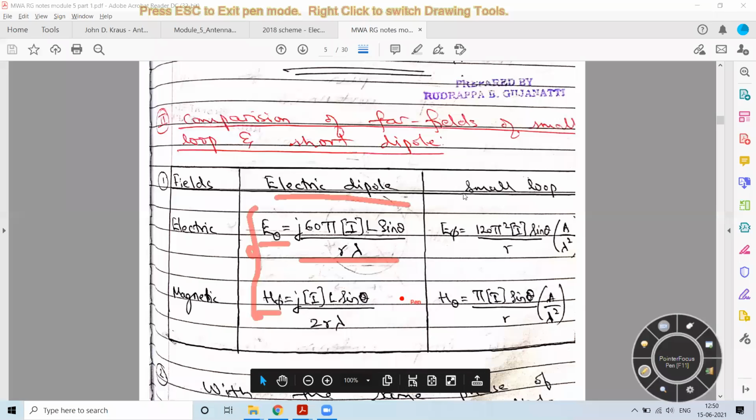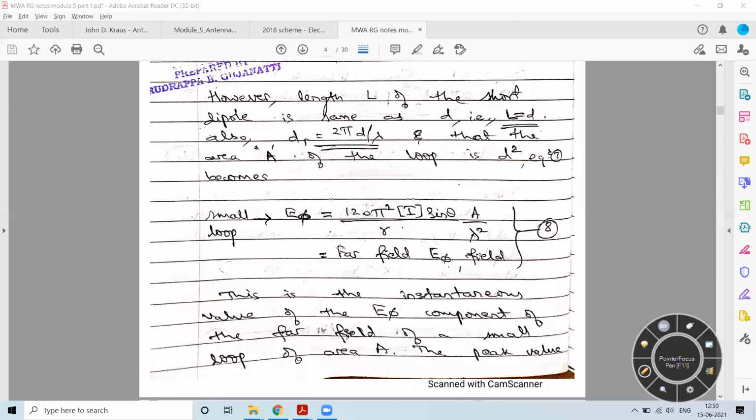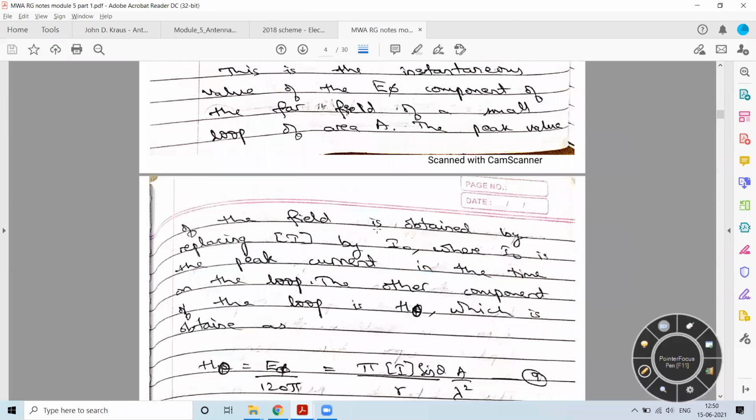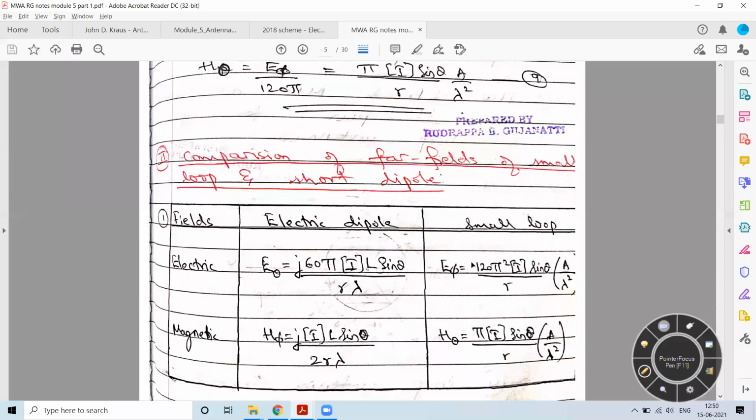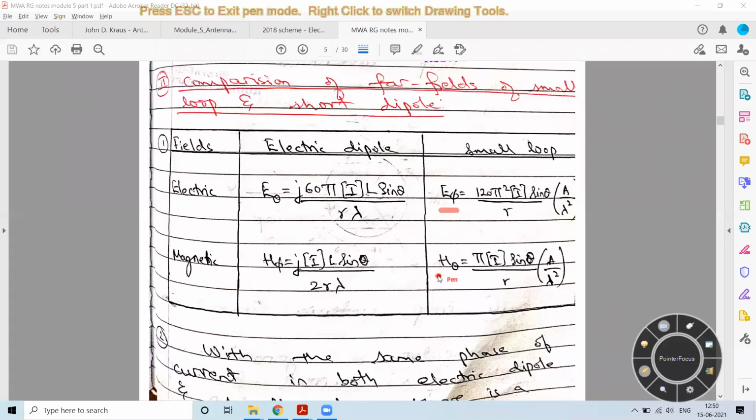And now we obtained the values for the small loop. In this case, one parameter you can observe: for the same kind of orientation, we have the electric field component E phi in the phi direction, and in the theta direction the magnetic field component.